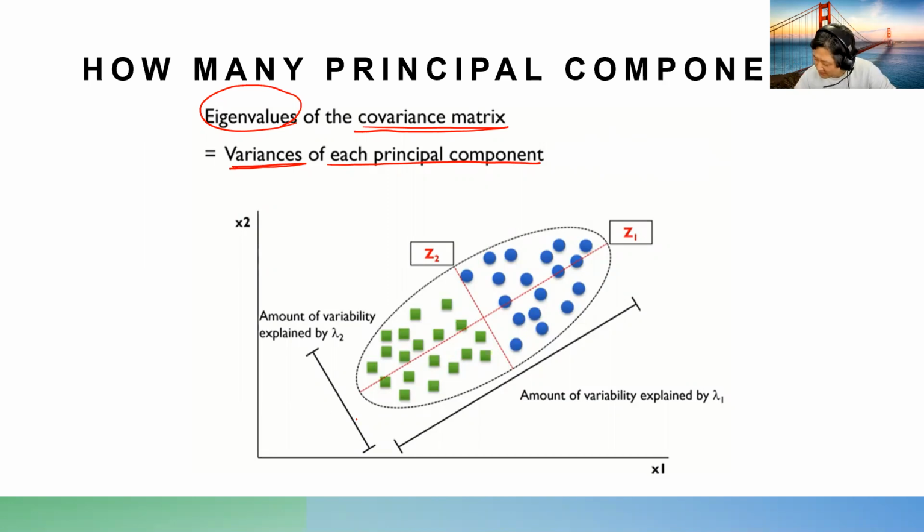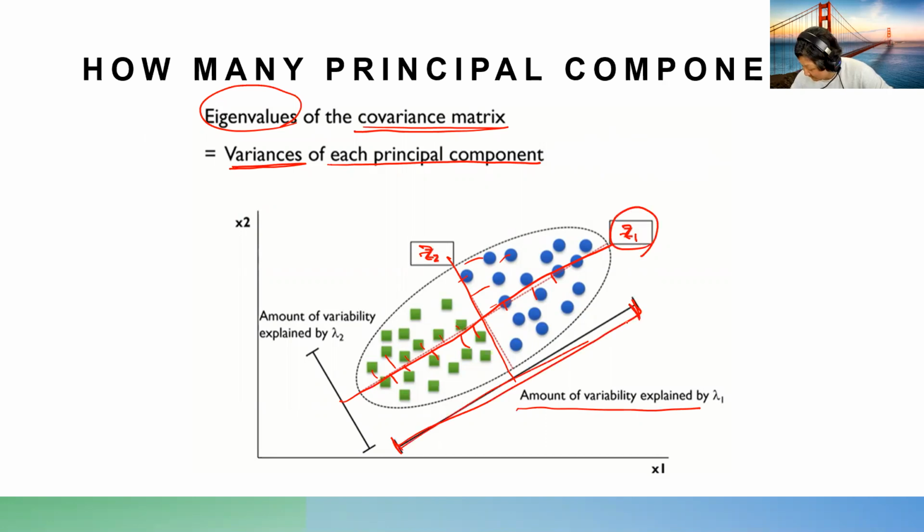So we have this data set, and we find this first Z1 and Z2, right? And then you can project all the data points to this axis, like this, right? So this amount of variance, the variance of Z1, is the eigenvalue of Z1.